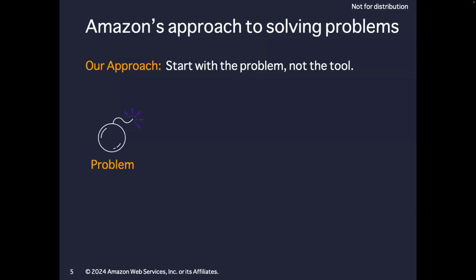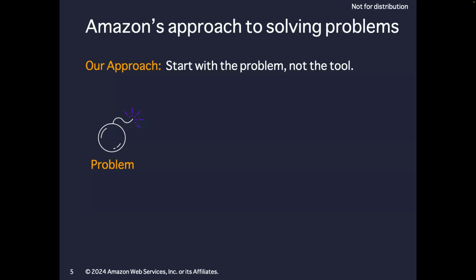Amazon has a very interesting philosophy that they call working backwards from the problem or the customer. What this means is that you usually start with the problem and not with the tool. So if somebody comes to you and says, I don't know how to solve this vehicle routing problem, you're not going to say, well, maybe you should use this device.